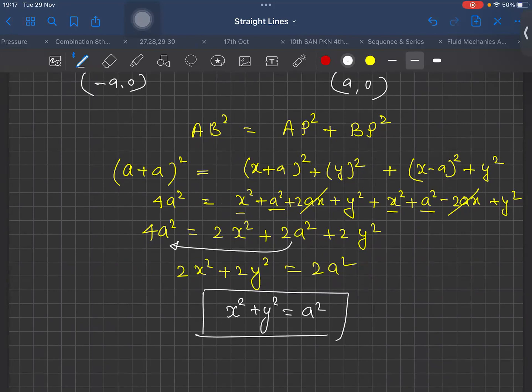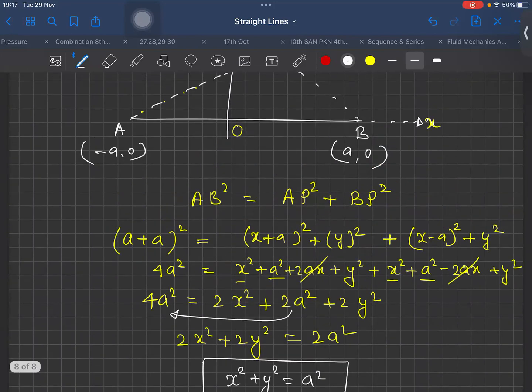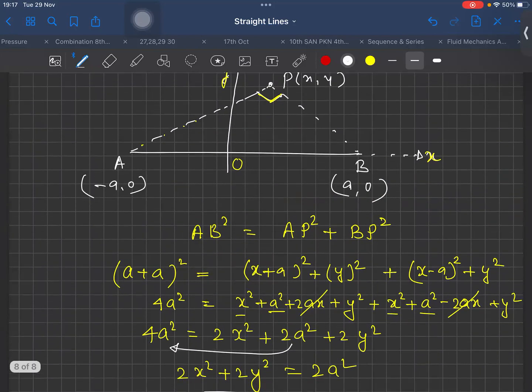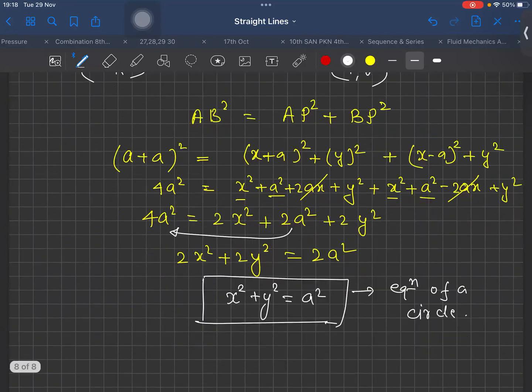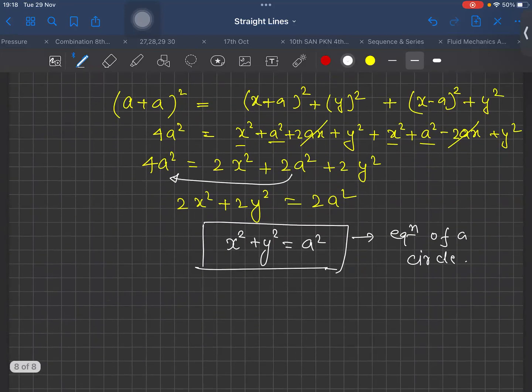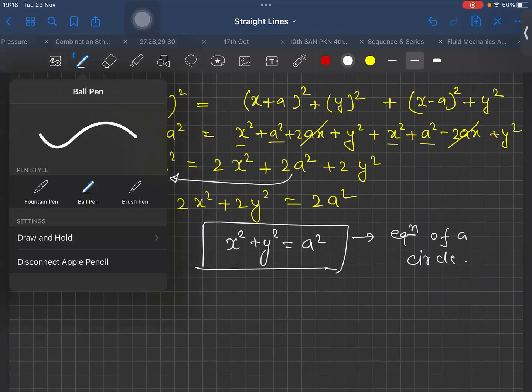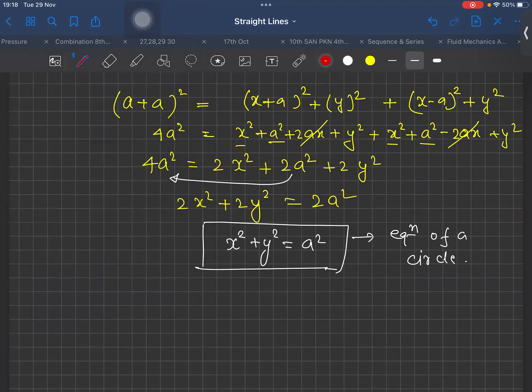This is also the equation of a circle, right? That means the point P is moving on a circle. We have studied this equation twice, once in trigonometry and once in complex numbers. We are going to do that chapter anyway. Therefore, you can write point P is moving on a circle.